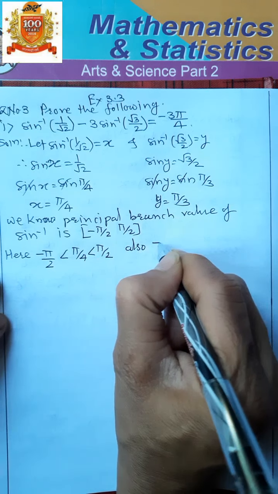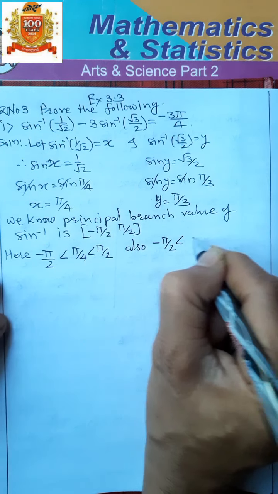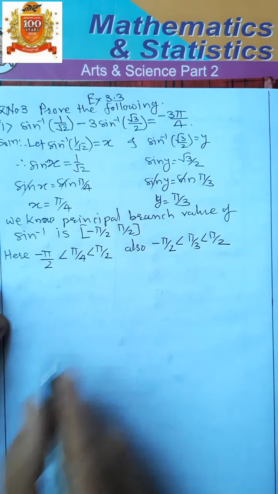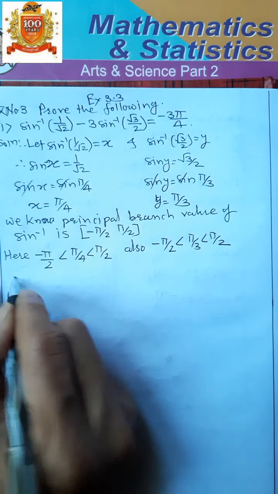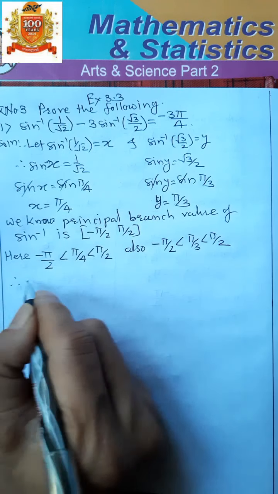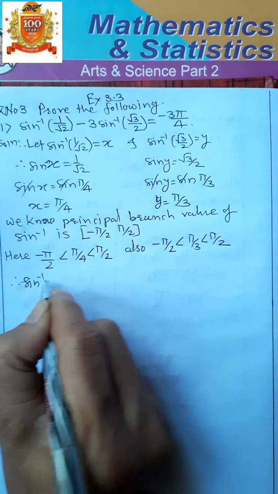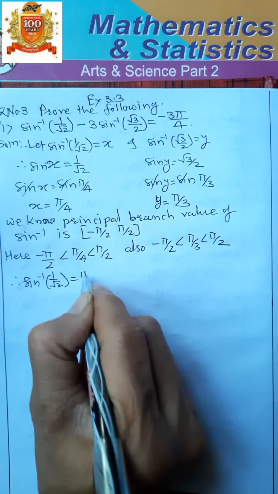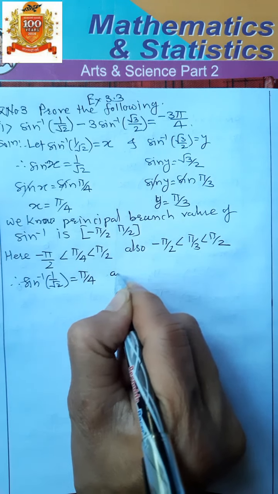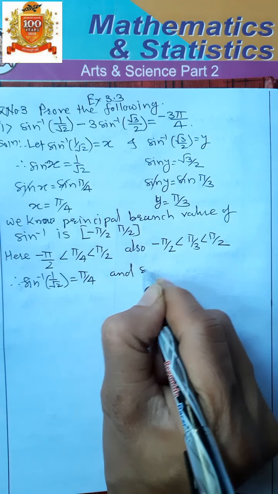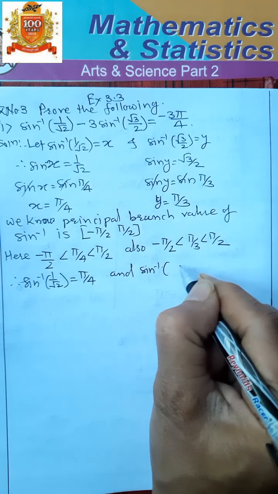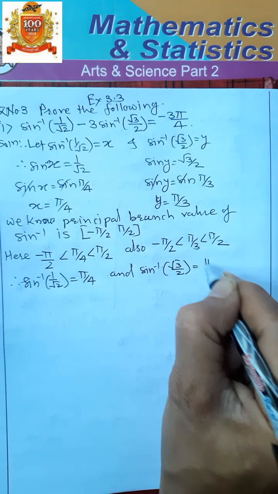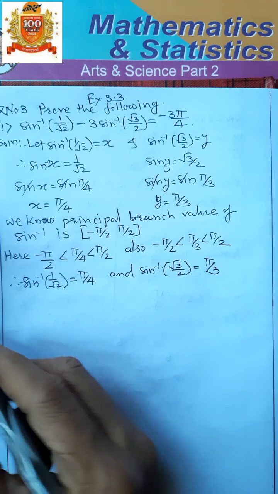Also minus pi by 2 is less than pi by 3 is less than pi by 2. Therefore, sin inverse of 1 upon root 2 is equal to pi by 4, and sin inverse of root 3 by 2 is equal to pi by 3.